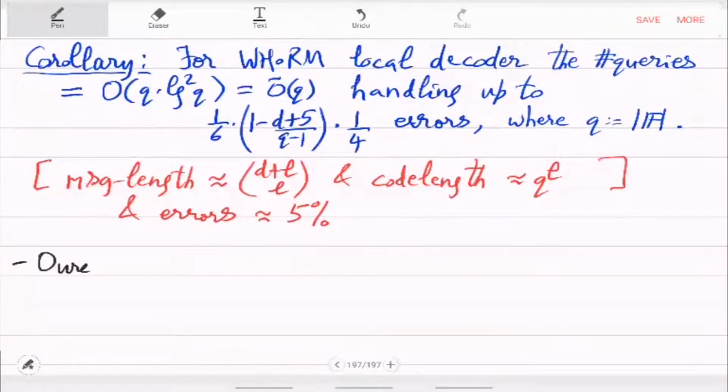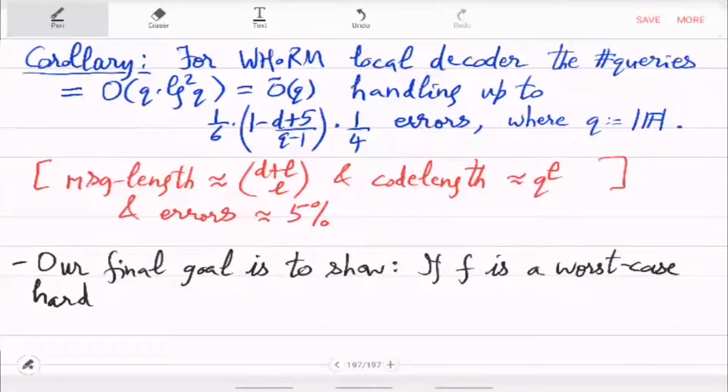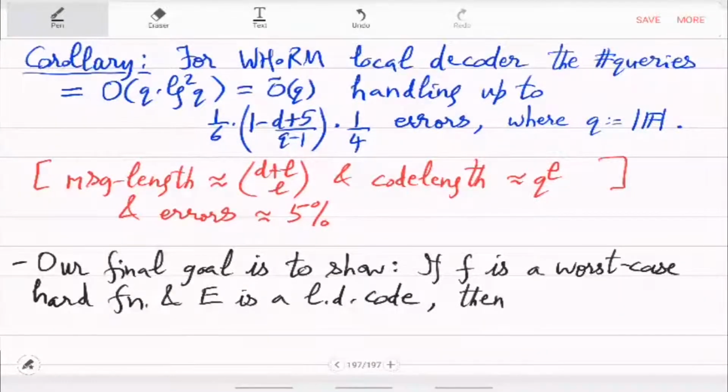So, our final goal is to show, if f is a worst case hard function and E is a locally decodable code, then on the truth table of f, okay, look at that long string, 2 raised to n on n bit input.